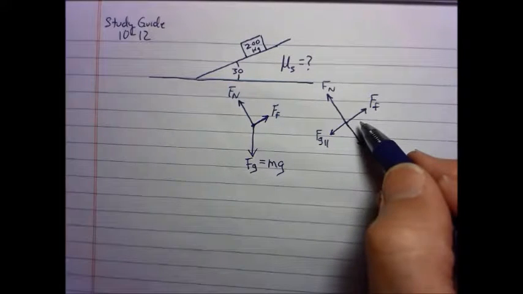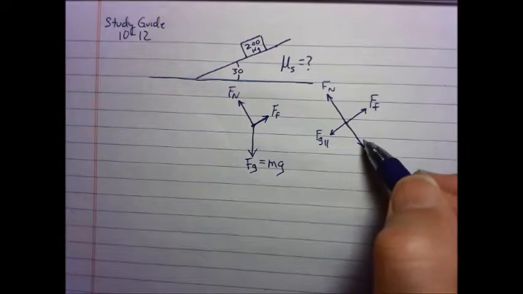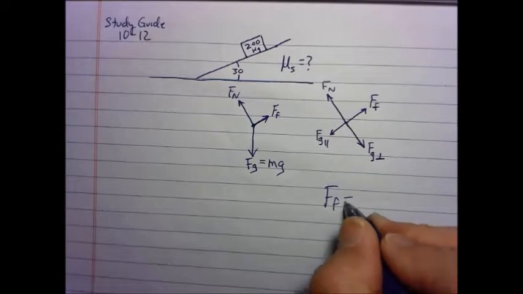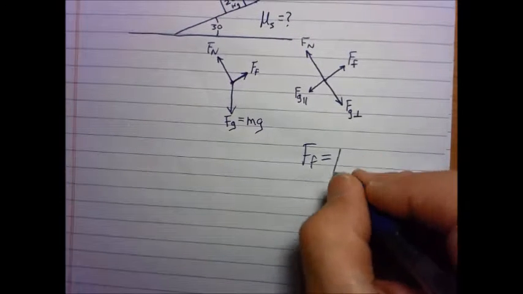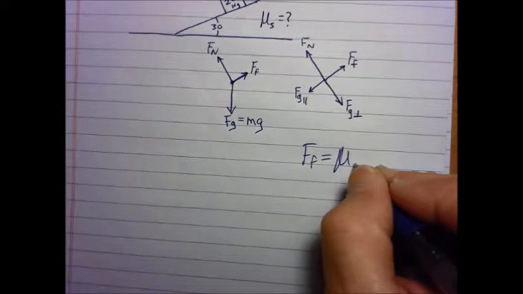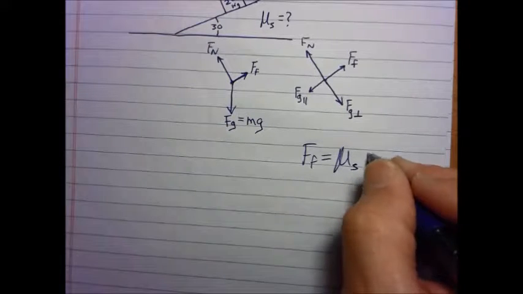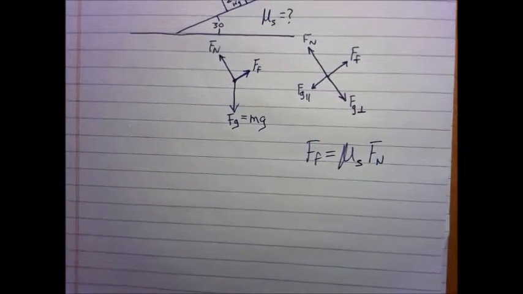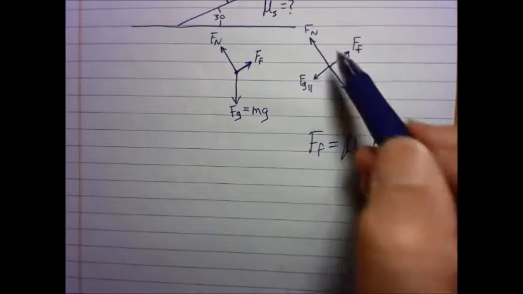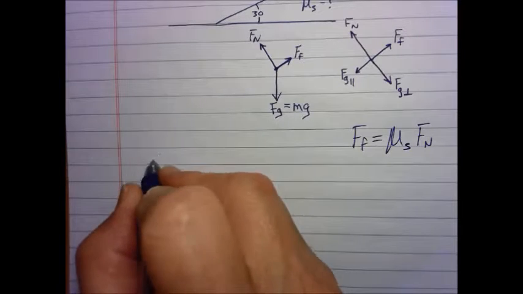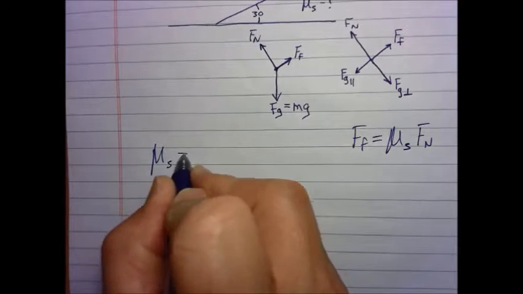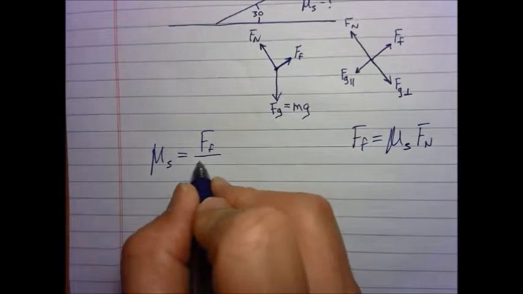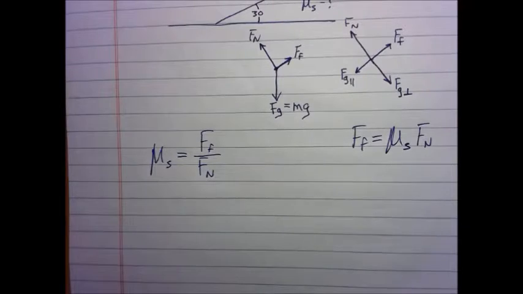Now, these are the forces drawn on a coordinate system that allows us to use the formula for the force of friction, which is force of friction equals coefficient of static friction in this case times the force normal. This is what we're after. We are trying to solve for the coefficient of static friction. If you rearrange this equation, it is the friction force divided by force normal.